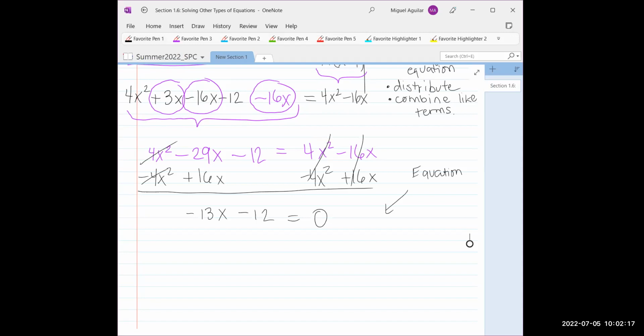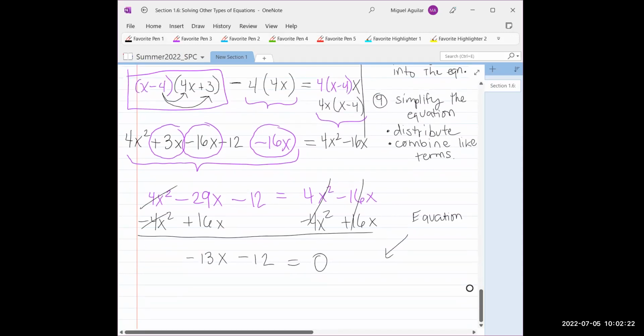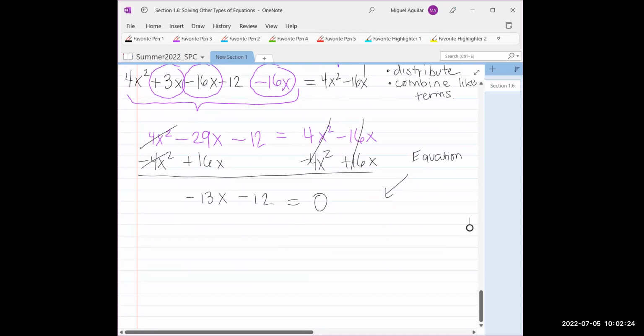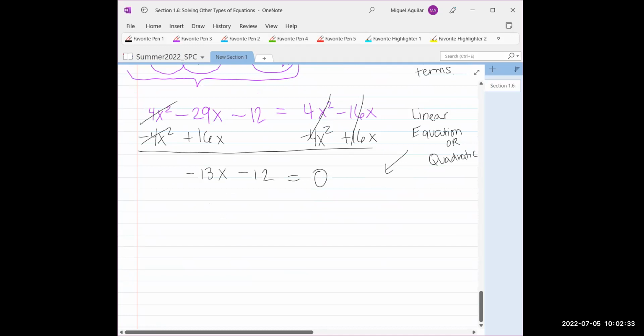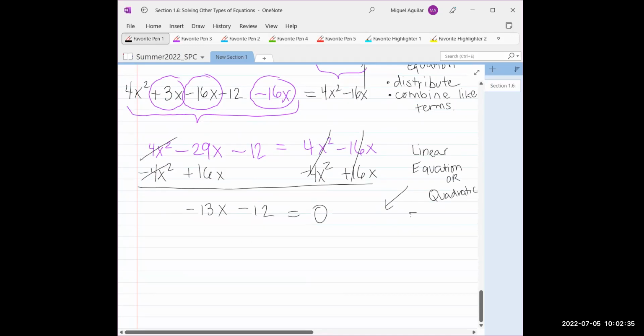So at this point in the problem, when we distributed some things out and combined like terms, you will end up with either a linear equation or a quadratic equation. And then you just solve that. So that would be our 5th step, to solve whichever equation we have left over. It's either going to be linear or quadratic.